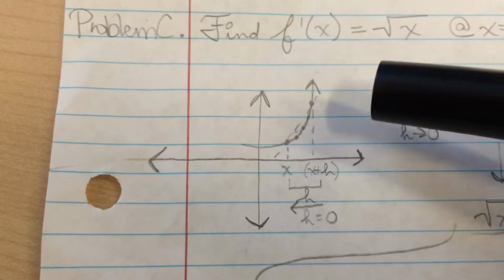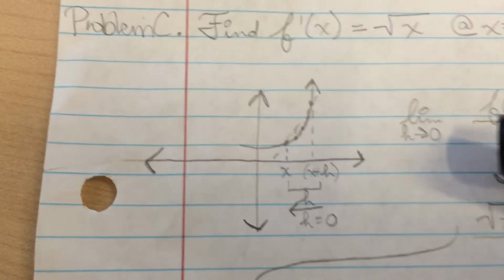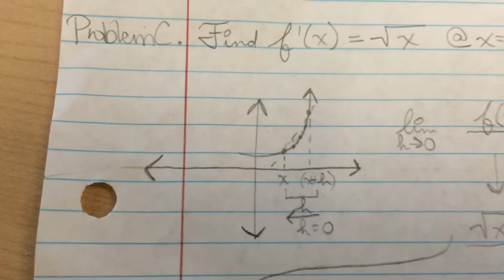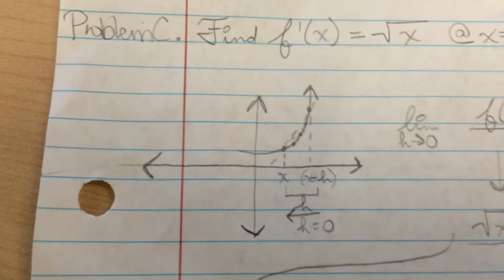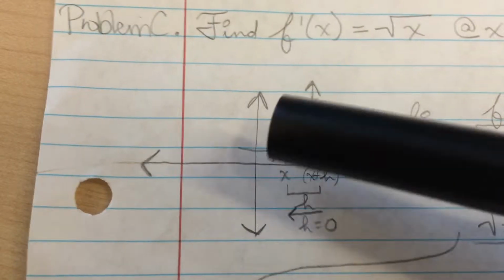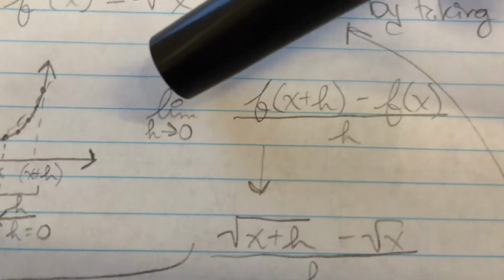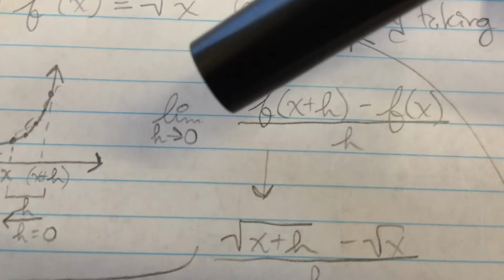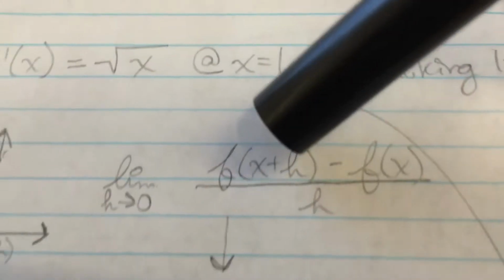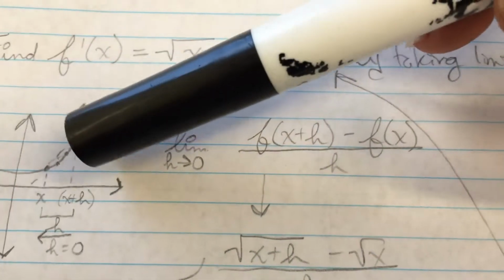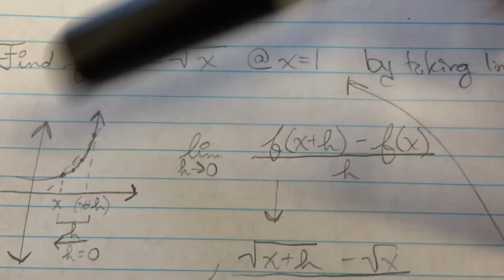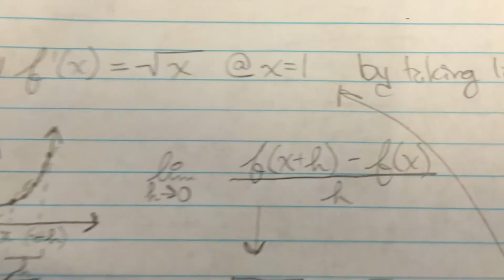So if we find the limit as h approaches 0, we can find the slope of the line that is tangent to the graph at x. That's why we take the limit as h approaches 0 of f of x plus h minus f of x over h.